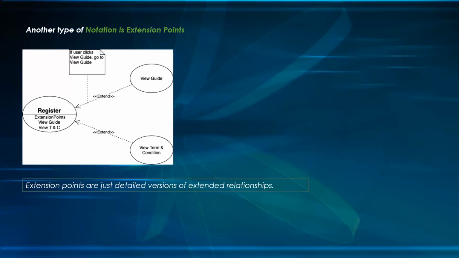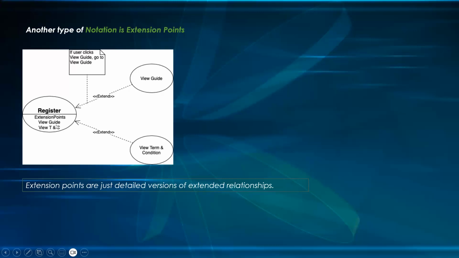But in this example here, you can see register. You remember when you want to register, you can decide to view the guide and also view the terms and condition.